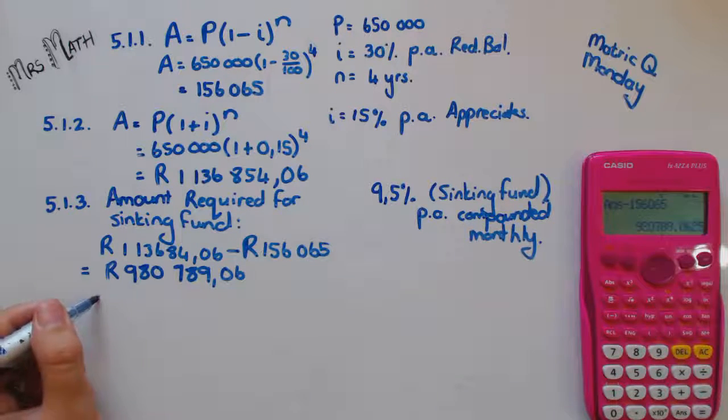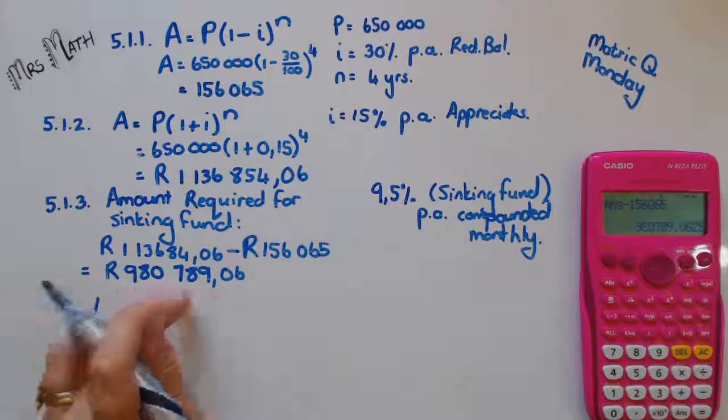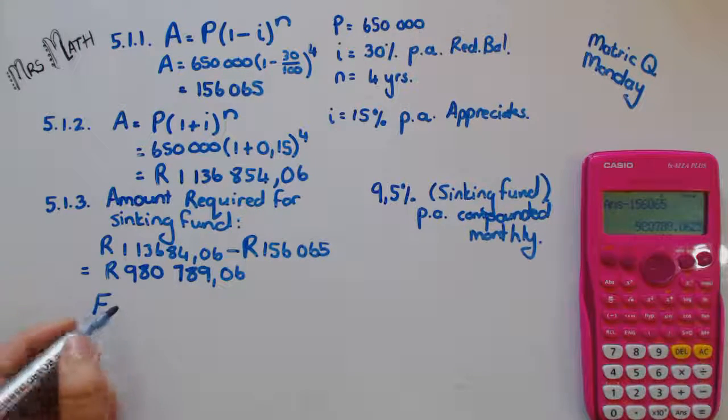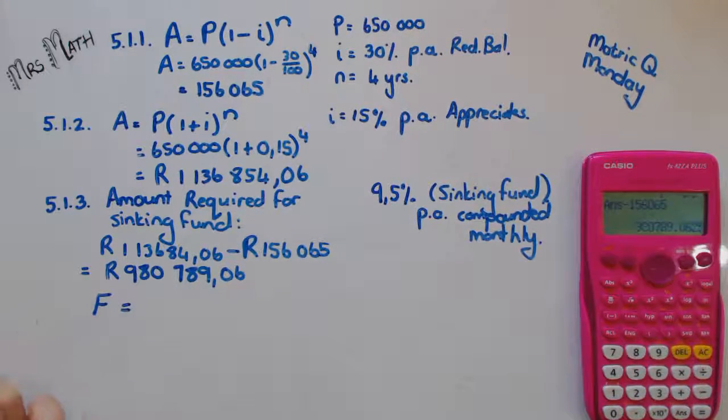Okay, and now I'm going to use the formula. This is a future value that he needs. So I'm going to use the future value formula, which I must actually just quickly look up, because I can't remember it now out of my head. That is on your formula sheet, luckily.